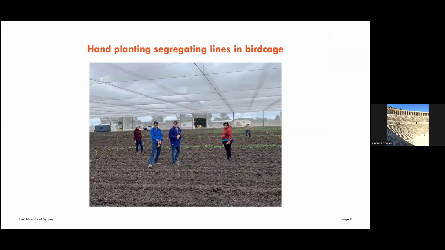And don't think we do only machine planting. We do hand planting as well, just like in Nepal. This is a small area with a border cage, and bringing a big machine here is difficult, so we do it by hand as well.